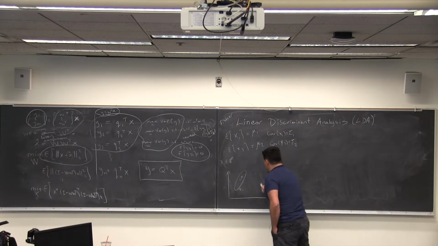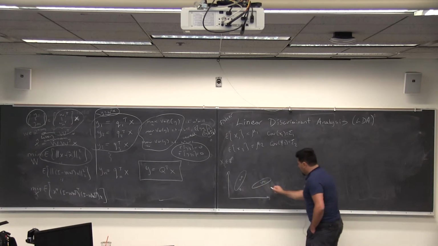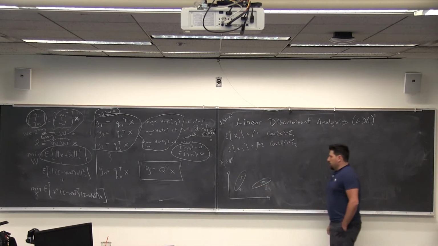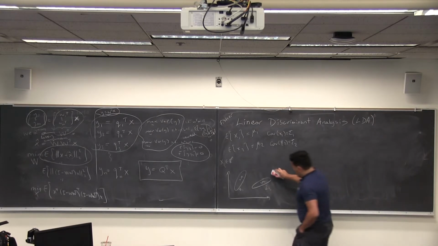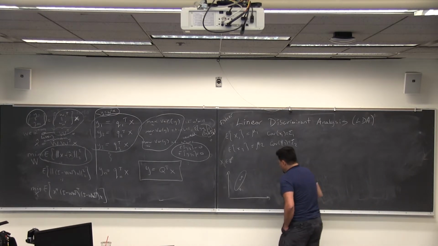The second Gaussian might look like this, with a mean vector mu2 and the covariance sigma 2. Let me shift it a little to here.